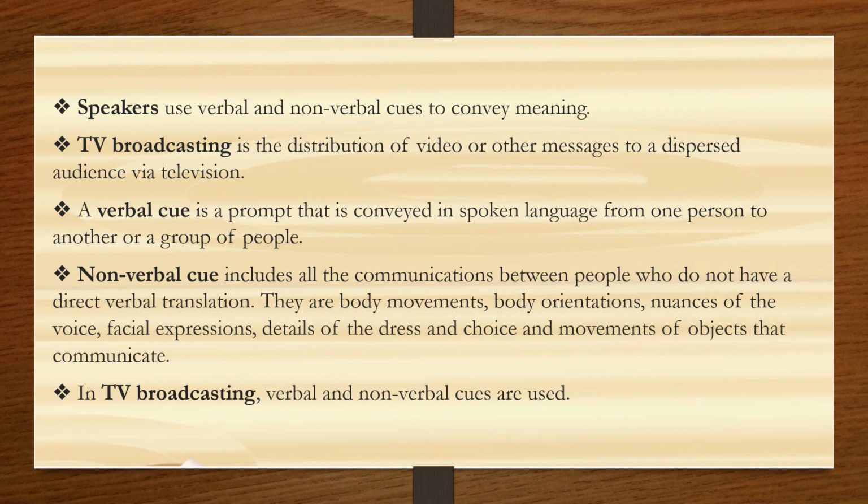Nonverbal cue includes all the communications between people who do not have a direct verbal translation. They are body movements, body orientations, nuances of the voice, facial expressions, details of the dress and choice, and movements of objects that communicate. And in TV broadcasting, verbal and nonverbal cues are used.